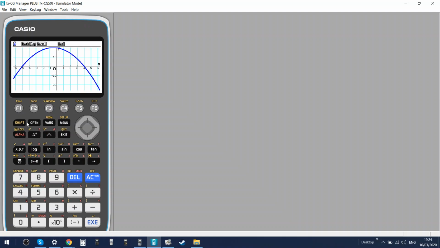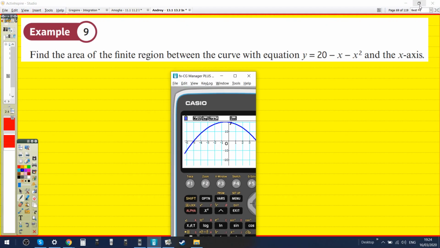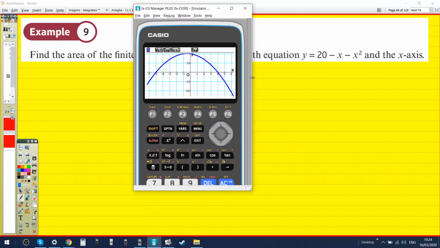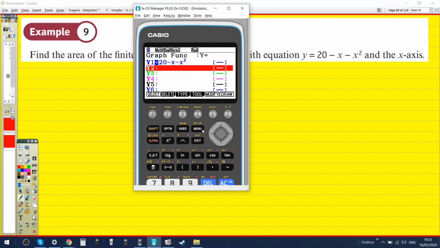So how would you get that? Sorry, which area do they want? They want the area between the curve and the x-axis. So this area in here. Right.